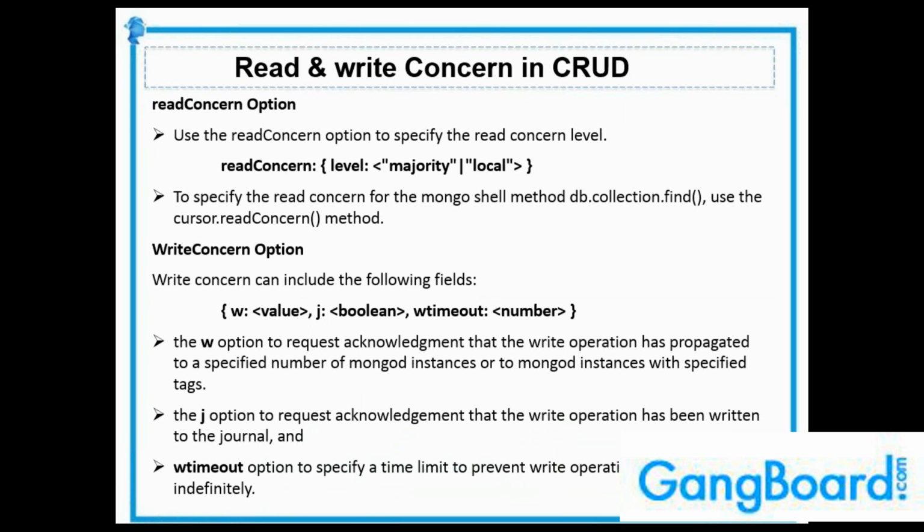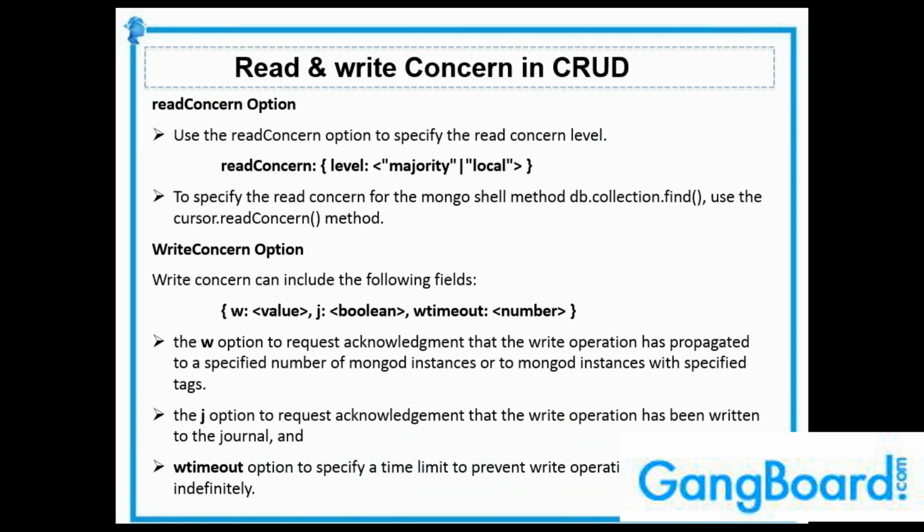This is the syntax, write concern options: w, j, wtimeout. w means writing into replication. If you want to write only into primary, you can mention w:1. If you want to write it into one primary as well as one secondary, you can mention w:2. Similarly, you can increase this number.